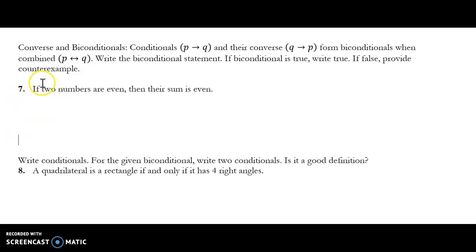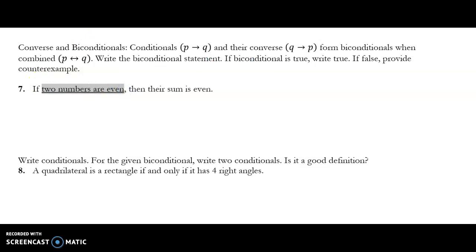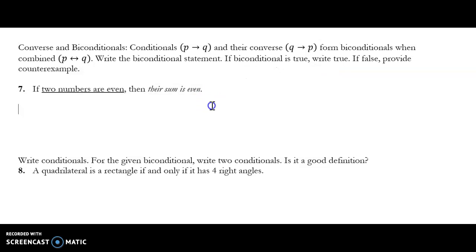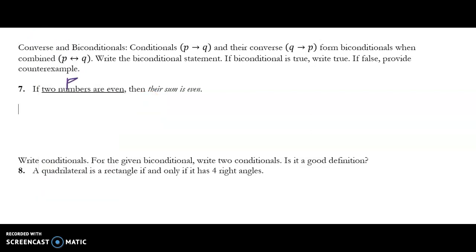So if we look at this, if two numbers are even, that's our P. Their sum is even, that's going to be our Q. Okay, so I switched it up. So this is P, and that's Q. So I need to write something that says P if and only if Q. I can use IFF.